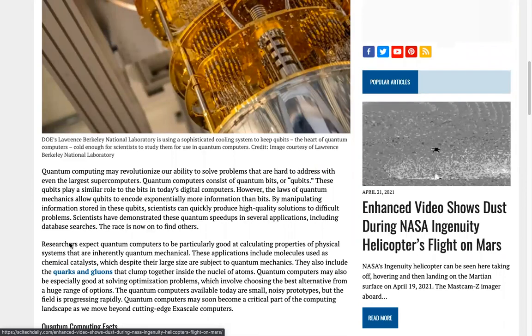Quantum computing may revolutionize our ability to solve problems that are hard to address with even the largest supercomputers available right now. So quantum computers consist of bits or qubits. These qubits play a similar role to the bits in today's digital computers. In digital computers, we have bits of zero and one.